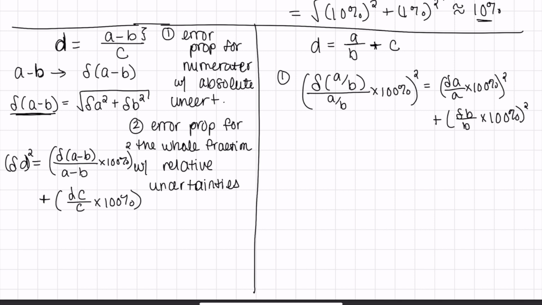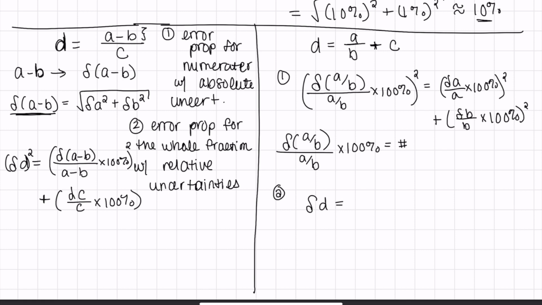Then once you have that, we will have a final number that comes out from this that you can set equal to that relative uncertainty. So we'll have the relative uncertainty equal to some number. And then once you have that number, you can rearrange to get the absolute uncertainty.